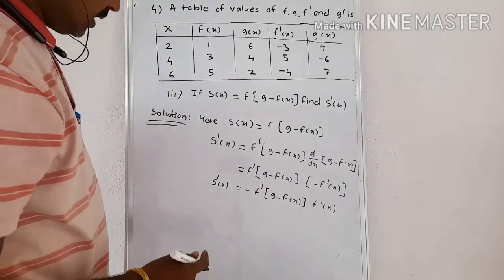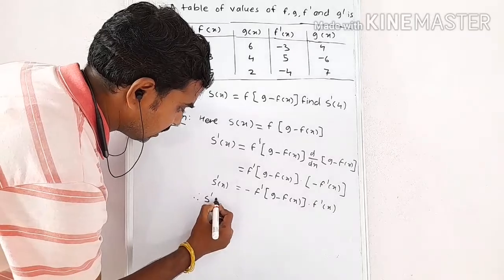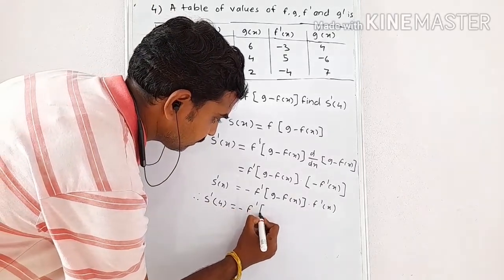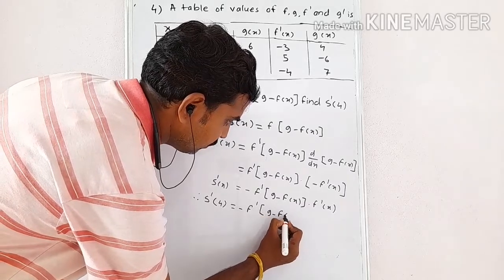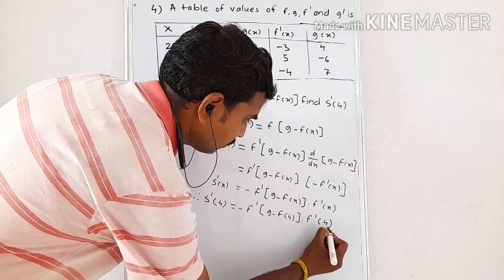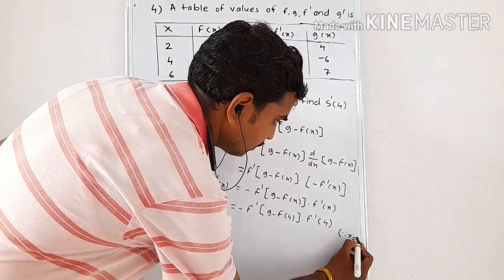Now we have to calculate the value of s dash of 4. Therefore s dash of 4 is equal to minus f dash of 9 minus f of 4 into f dash of 4, when we replace x by 4.